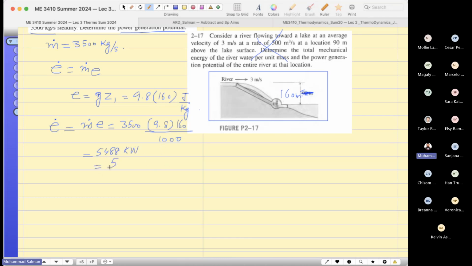Or you can also tell me, your professor, this is about 5.48 megawatts. It is the potential hydel power generation. This is a potential.